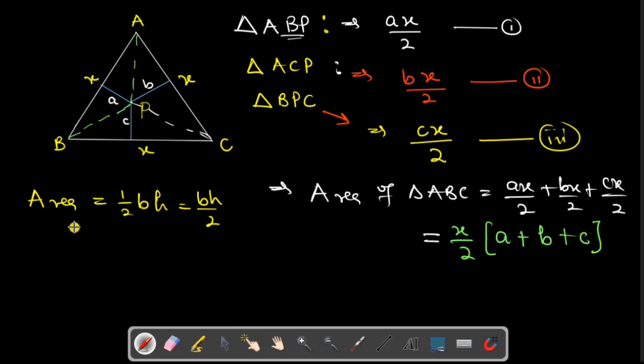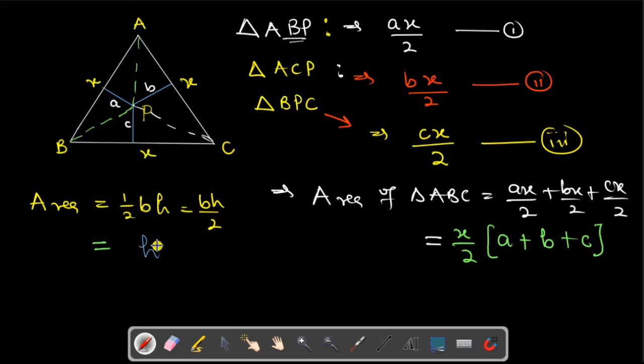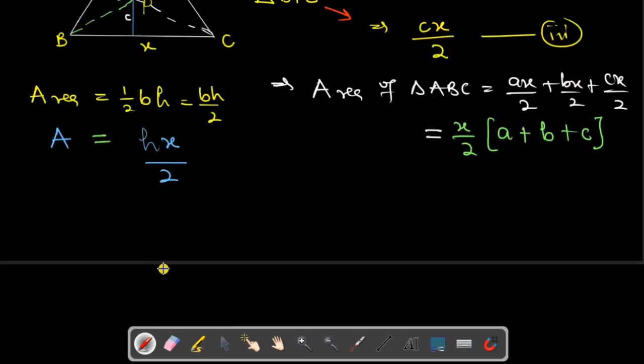Now let us also get the area of the whole triangle on its own. Using the same formula, the height is h multiplied by the base, which is x, all over 2. So the area of triangle ABC is hx over 2, and here the same area is equal to this.